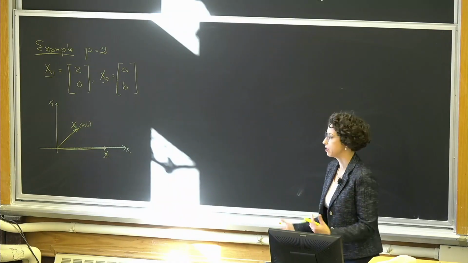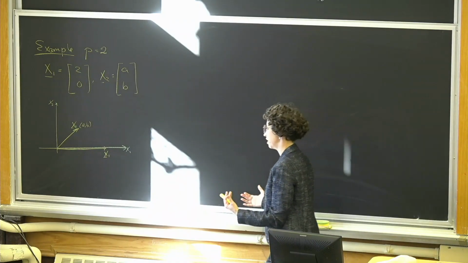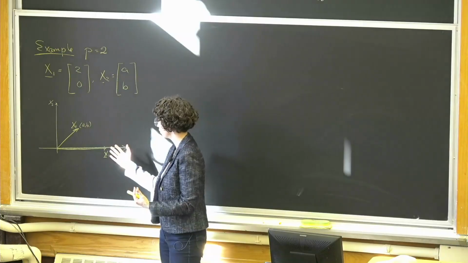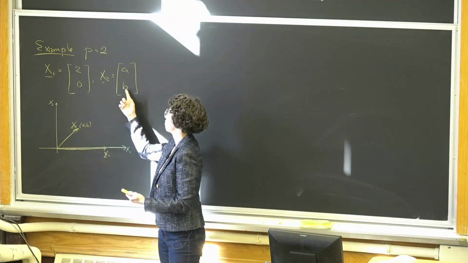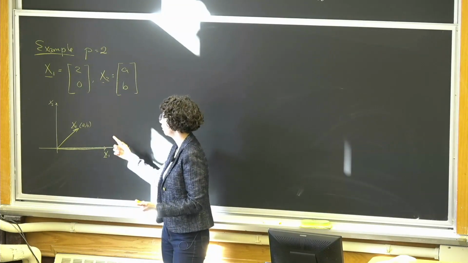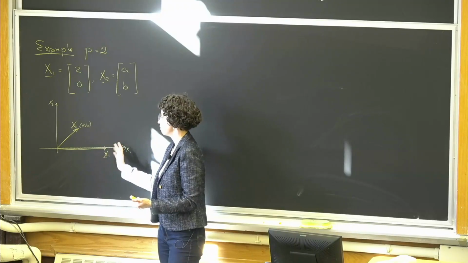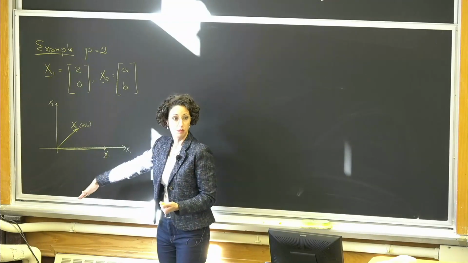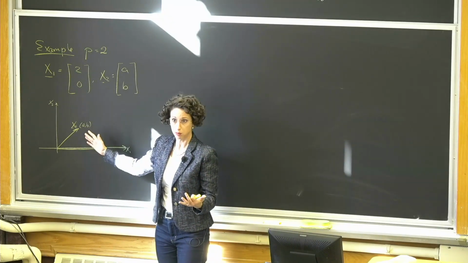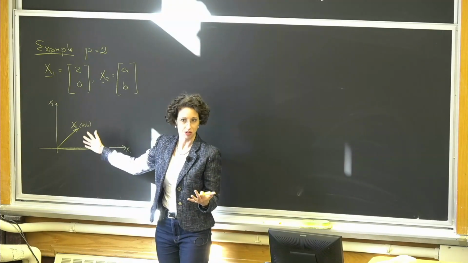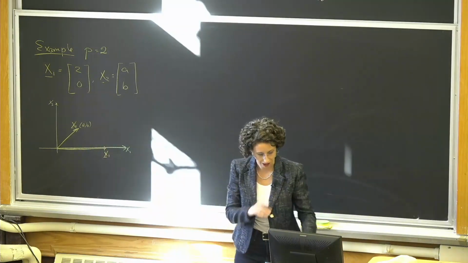Now, immediately from this visualization, you can tell that this is kind of trivial, right? I've got two vectors, and for almost all a and b, they are linearly independent. And so I'm just going to have the whole 2D plane be the subspace, and I just want a basis for that 2D plane. And we know how to do that already.